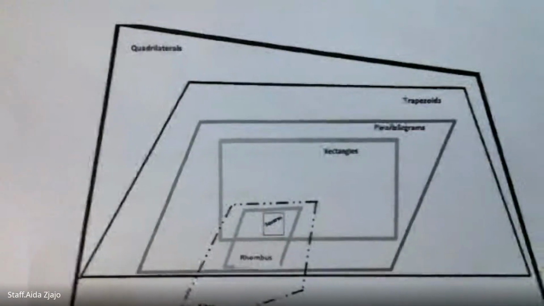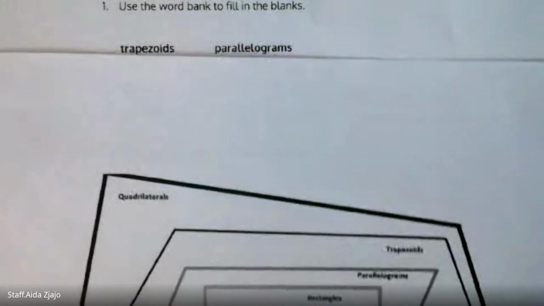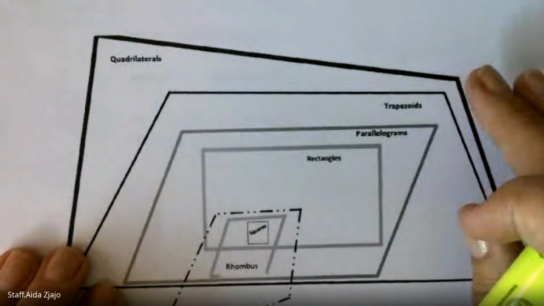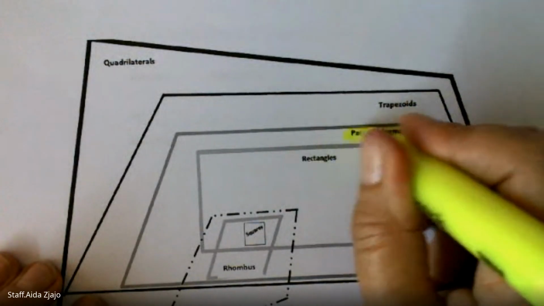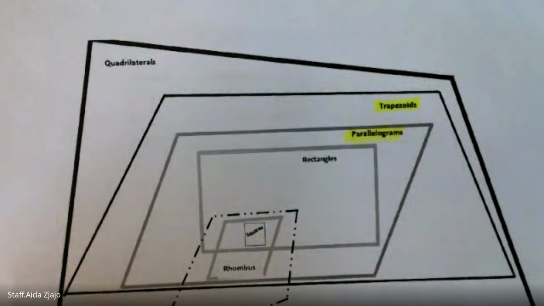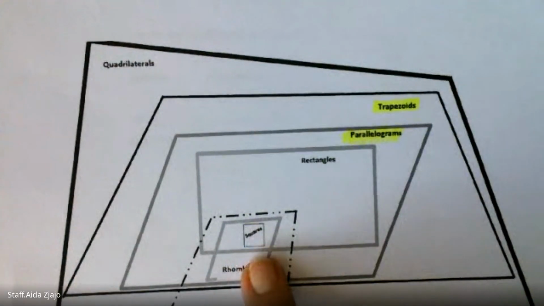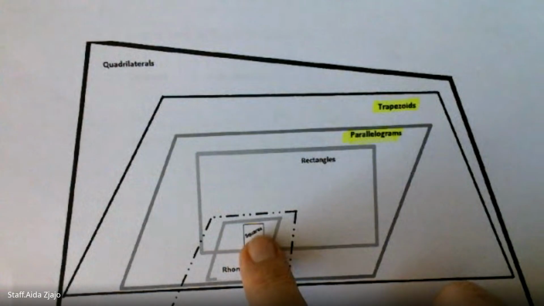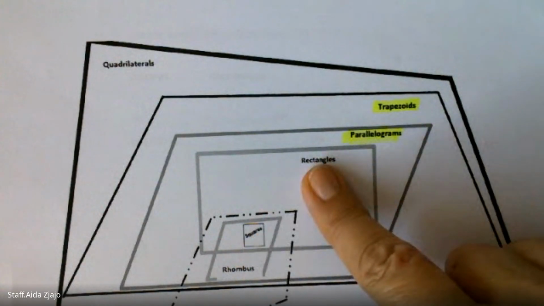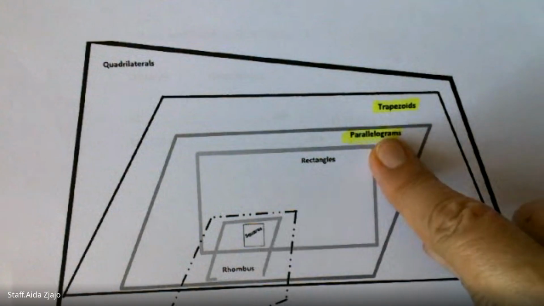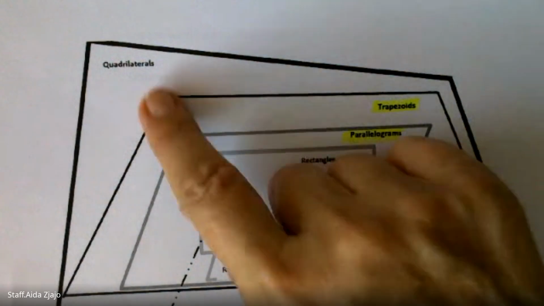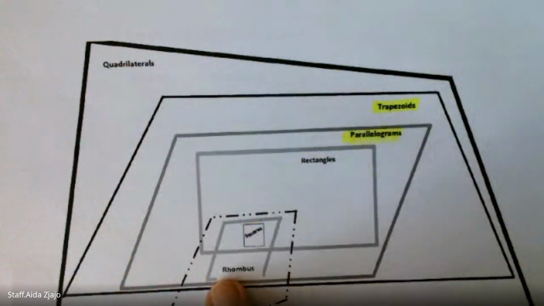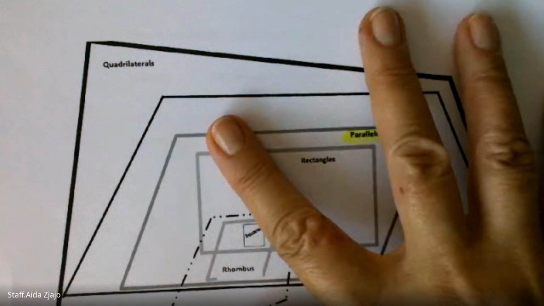that map that we have, you can see we can use that to figure it out. They said parallelograms and trapezoid. So if we look from inside, we can see squares are rectangles, squares are parallelograms, squares are trapezoids, and squares are quadrilaterals. So it goes from inside out.